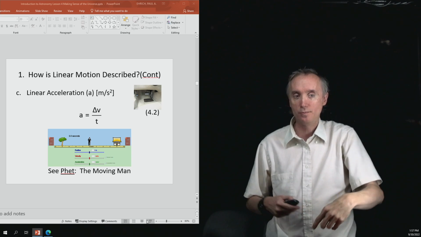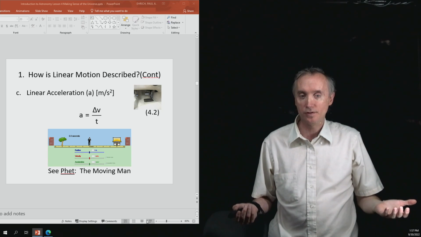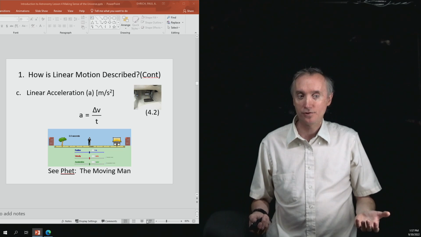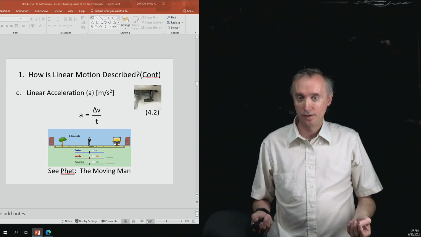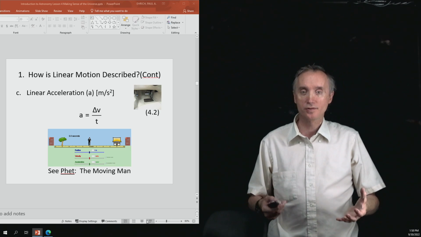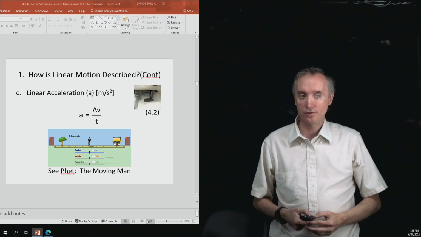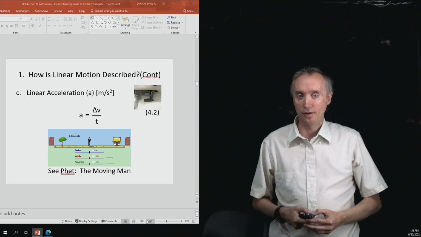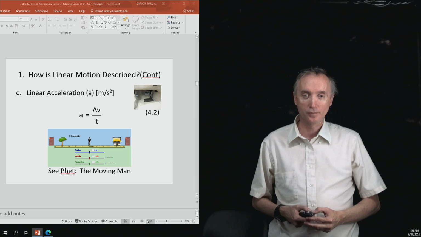So what must be in this room even as we speak? An acceleration, a negative acceleration. And what do you suppose is causing that acceleration? Gravity. Do you think we've got a word for it? Yeah, the acceleration due to gravity. We'll learn a little bit more about that later.